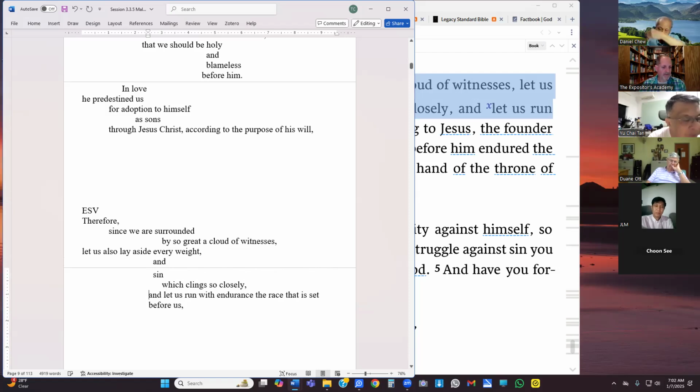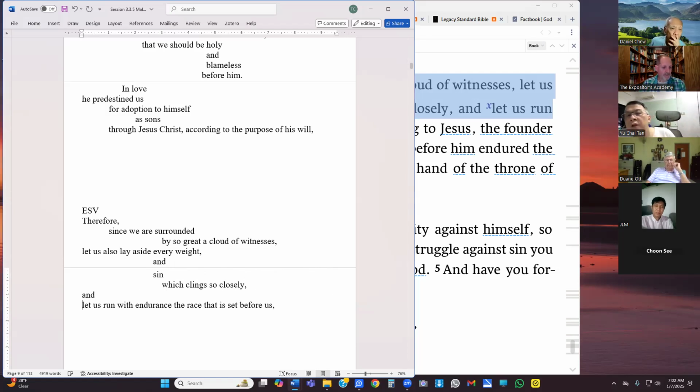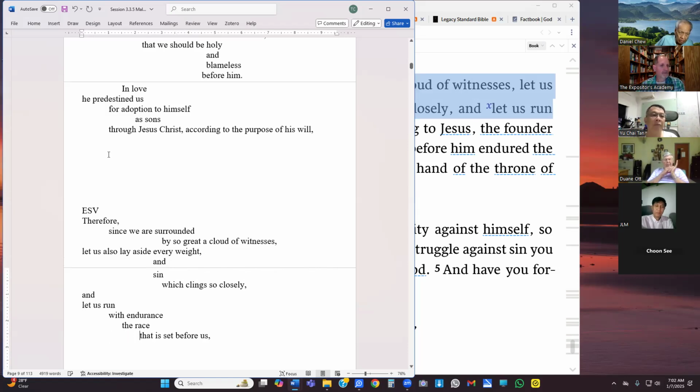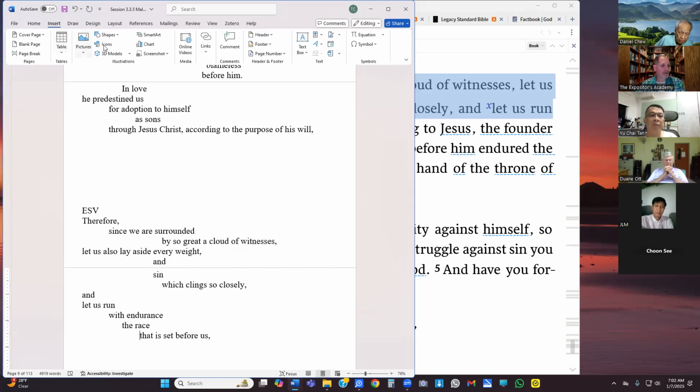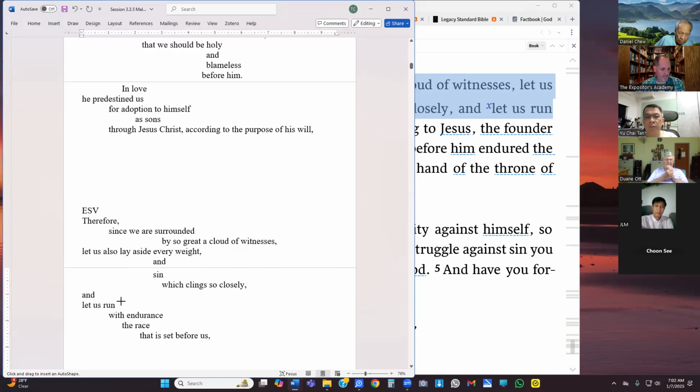And the second independent clause, let us run. How? With endurance. The race. Which race? The race set before us. And technically, the race is the object of run. So I would connect it this way: let us run the race.